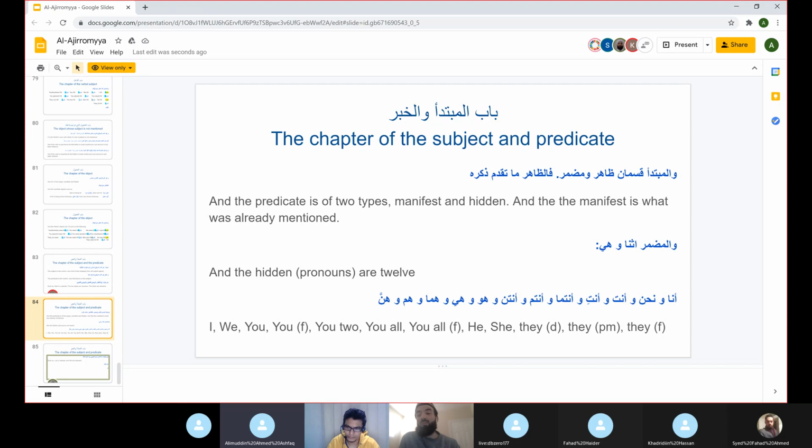If there are two females that are standing, you say antuma qa'imatani. You see how there's a ta here? That ta indicates femininity.